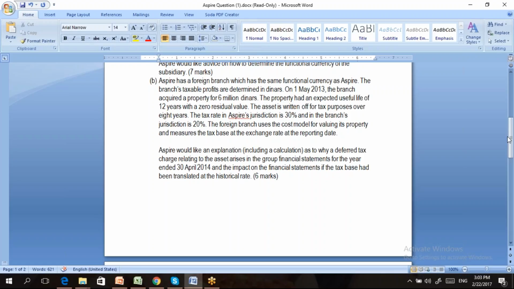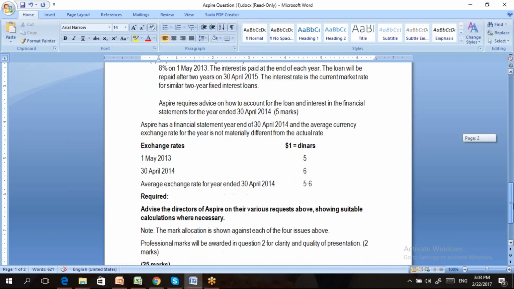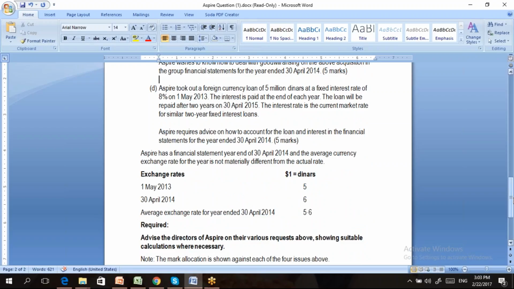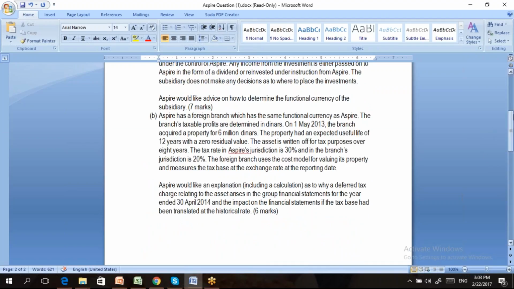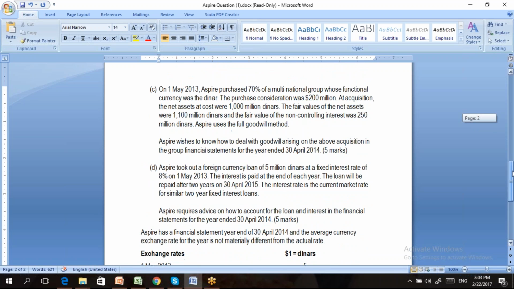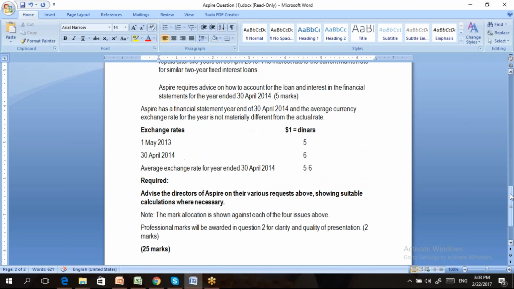So now we need to do a little bit of calculation here. They've given us the exchange rates at the bottom. This was another nasty thing we have to watch for in this paper. Even though it is applicable to the second section, the exchange rates are given at the bottom of the question.